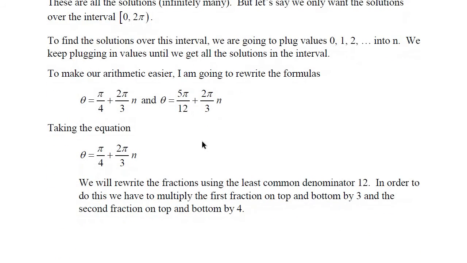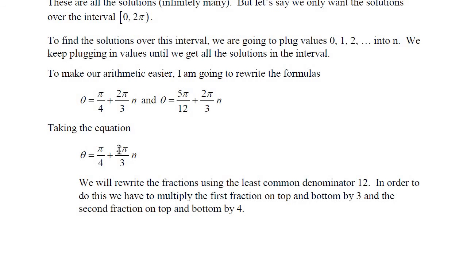So, I'm going to start with this first one, the pi over 4 plus 2 pi over 3. Now, before I start plugging numbers in, since I'm going to have to do some arithmetic, I want to rewrite these using a common denominator. So I'm going to use the least common denominator of 12. In order to convert these fractions into over 12s, the first fraction I've got to multiply by 3 over 3.